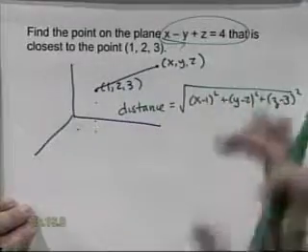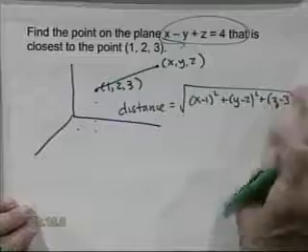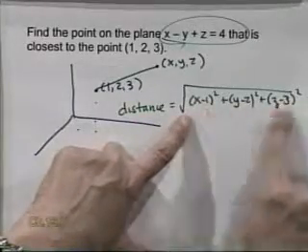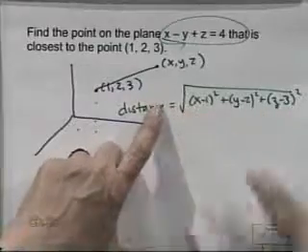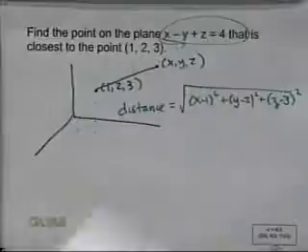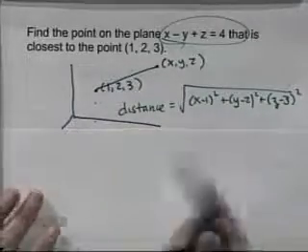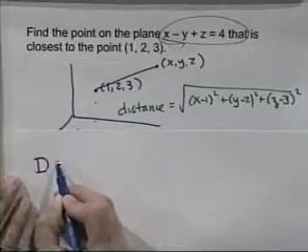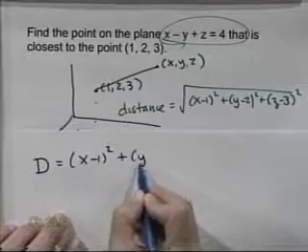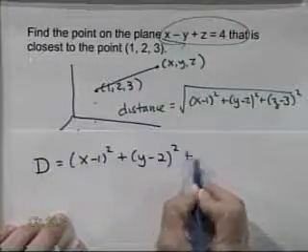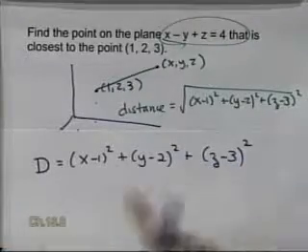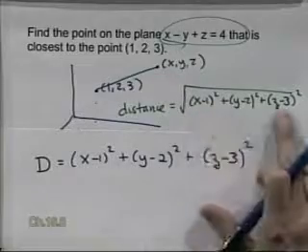Now, the point that makes this equation the minimum is also going to be the point that makes what's underneath the radical a minimum. And differentiating without the radical is a whole lot easier than differentiating with. You with me? So the equation that we want to minimize, I'm going to call big D, is going to be x minus 1 squared plus y minus 2 squared plus z minus 3 squared. I'm going to leave the square root out because the xyz that minimizes this will also minimize the square root.